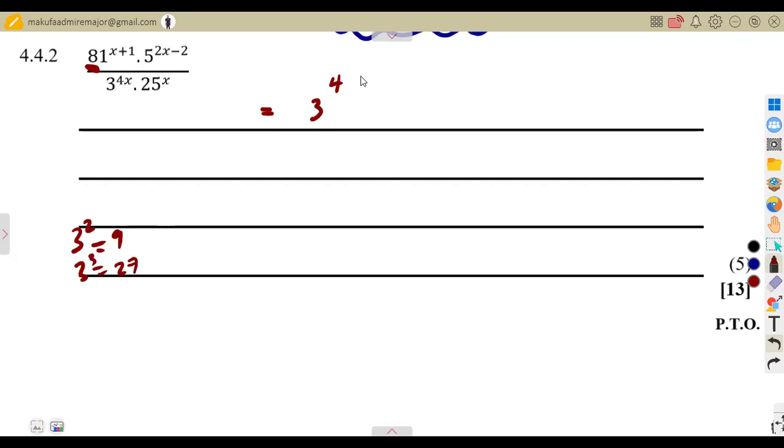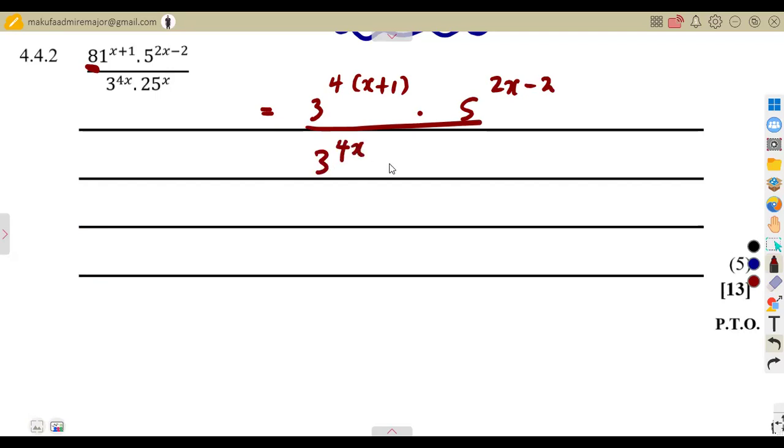But there is an exponent already of x plus 1 that you're given, multiplied by 5 to the exponent of 2x minus 2. Then everything there is being divided by 3 to the exponent of 4x times 25. Remember, we talked about this before. 5 squared gave us a 25, you still remember? So that is a 5 to the exponent of 2 times x, which is 2x.